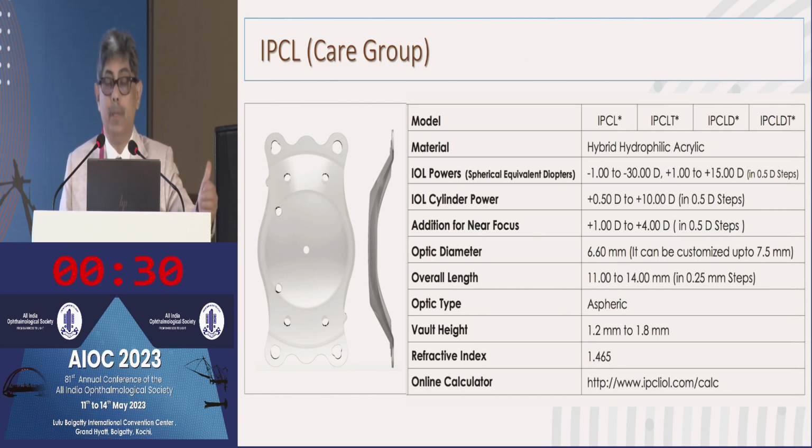And in presbyopic lenses, we can have +1 to +4 diopters of near add, and they can be customized as per the white to white sizing of the sulcus or scleral, between the sclera on either side. So we can customize the sizing also.